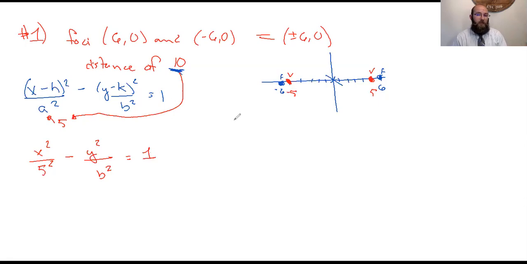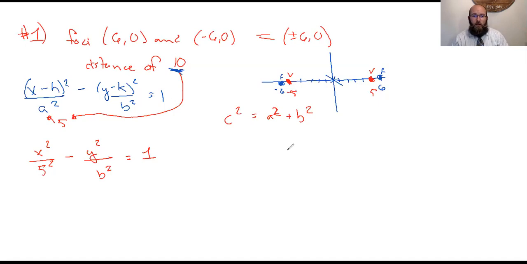So for ellipses, I had my major squared equals minor squared plus foci squared. So this one's going to be a little bit different. Well, I think I actually maybe misspoke there. Anyway, the hyperbolas are going to be, what we're going to say is c squared equals a squared plus b squared. Okay.